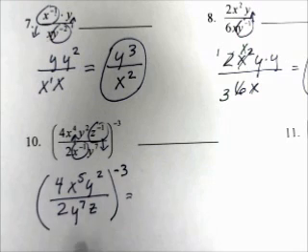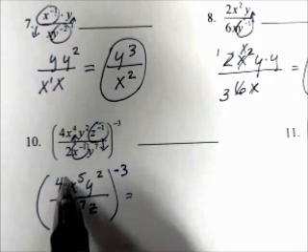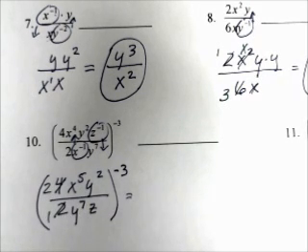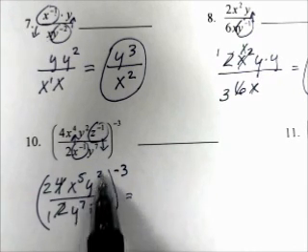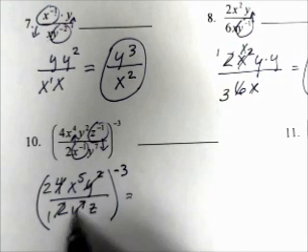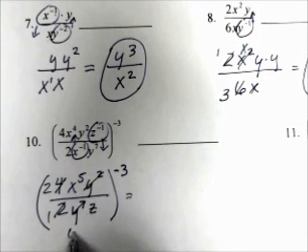Okay, next, I'll simplify what's in here, right? 2 goes into 4 twice, 2 into 2 once. Now, the x to the 5th, that doesn't divide out with anything. But the y squared and y to the 7th will leave me with a y to the 5th in the denominator.